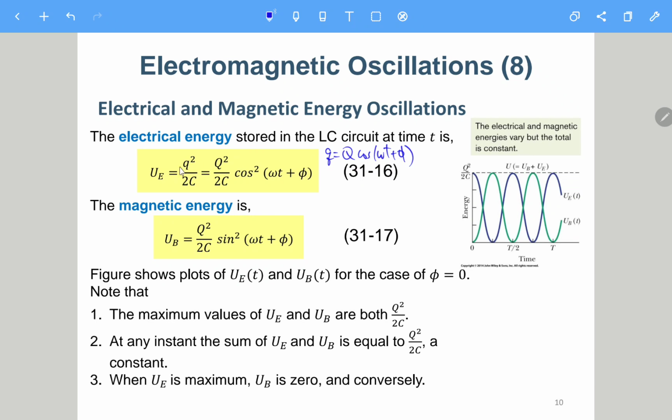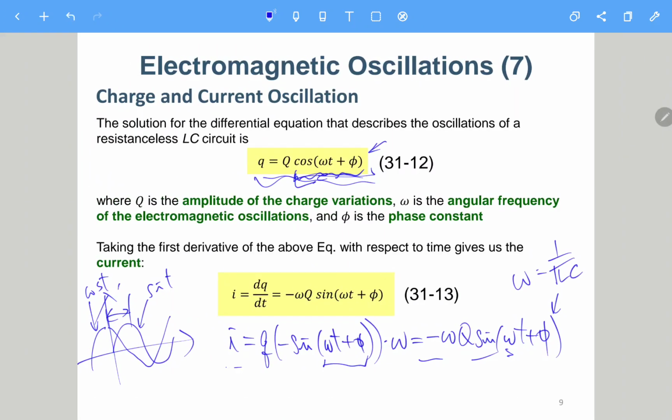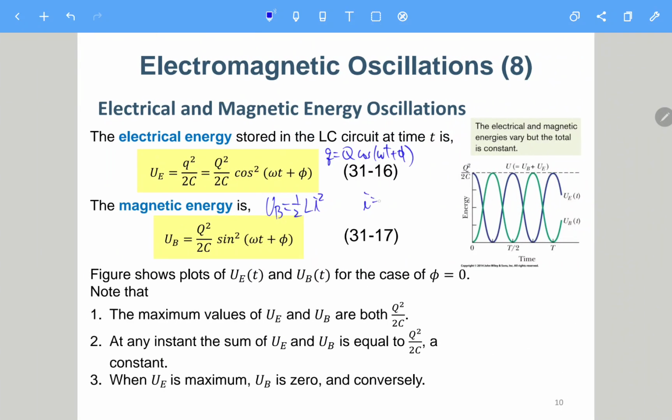Okay, so you plug this one into here. So we have Q squared over 2C, and then we also have this cosine squared. For the magnetic energy, UB equals 1/2 L i squared. Here I equals negative omega Q sine of omega t plus phi, like this.